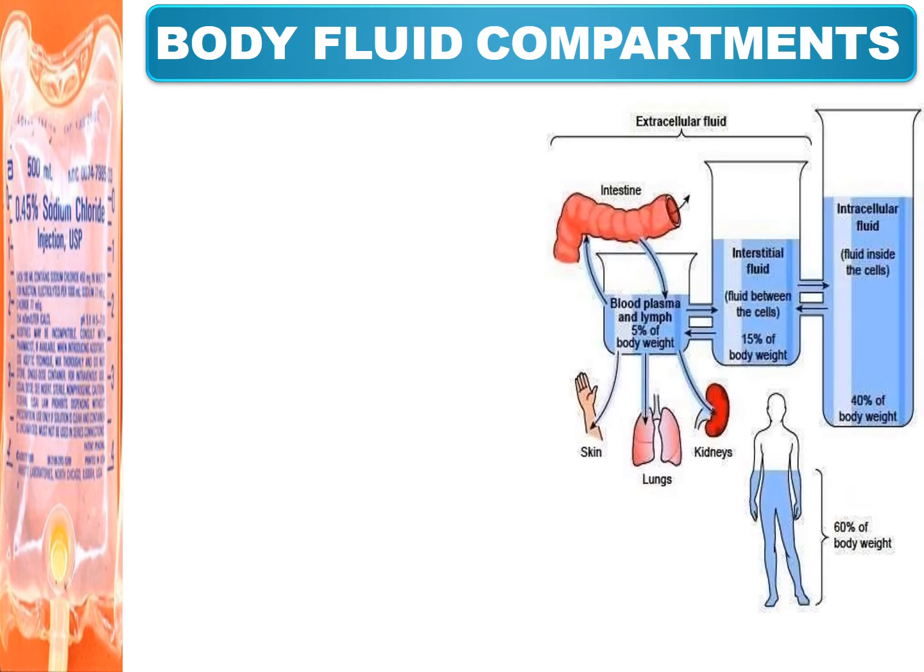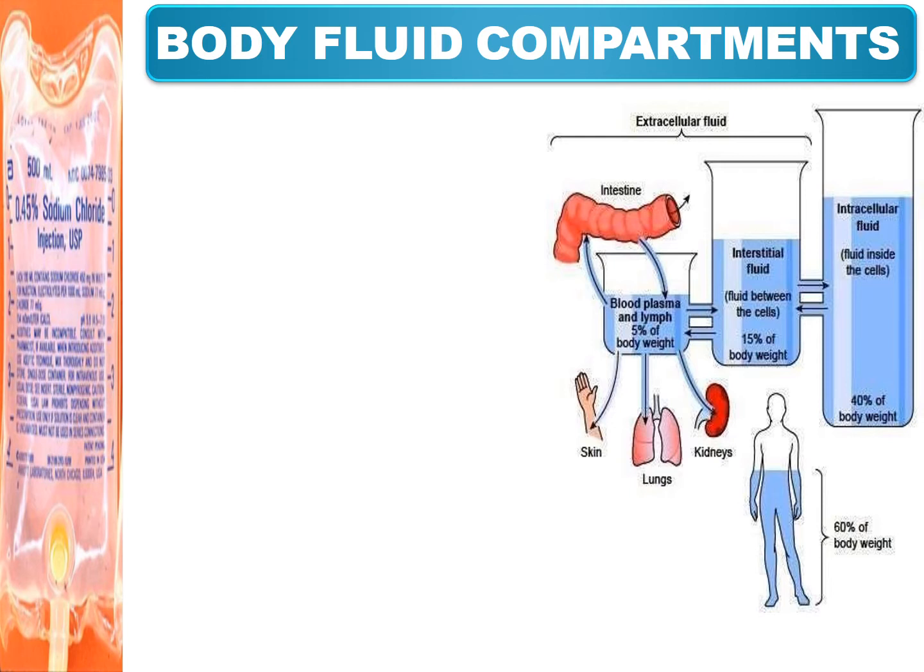Just see in this picture, it is clearly mentioned that 60% of the body weight is fluid, and this 60% is further divided into three compartments. The first compartment is the blood plasma and lymph, which is 5% of body weight.